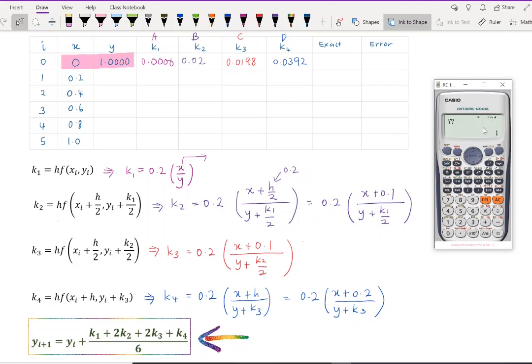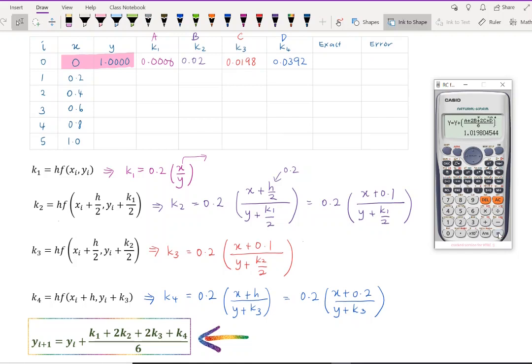Now we insert all the data in the first row into this calculation. Our Y is now equal to 1. Our A, which is K1, is 0. Our B is 0.02. Our C is 0.0198 and our D is 0.0392.